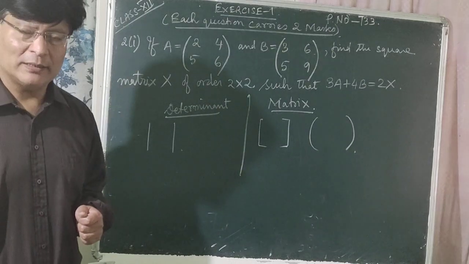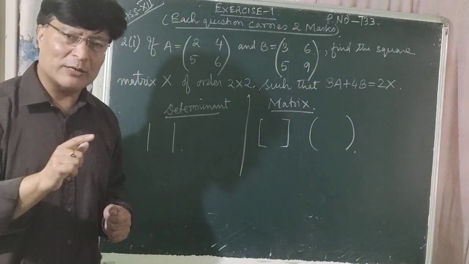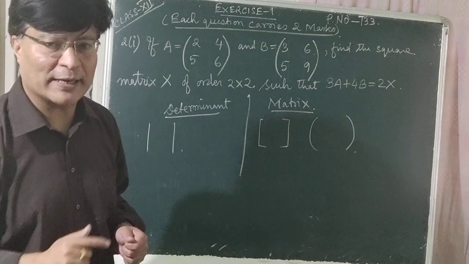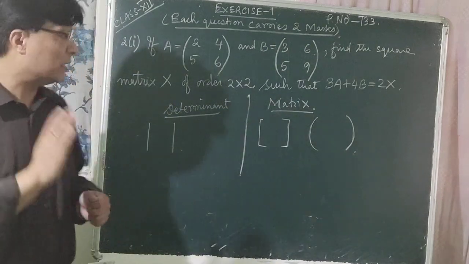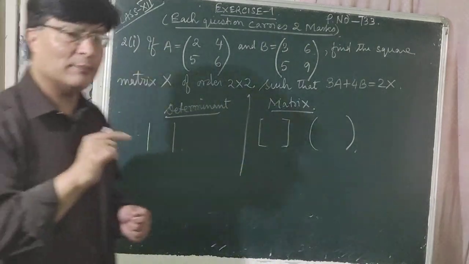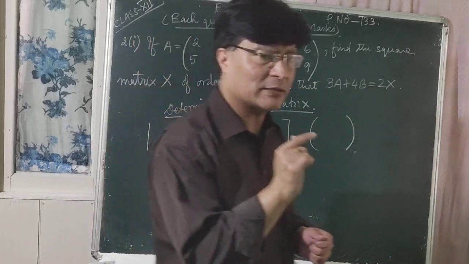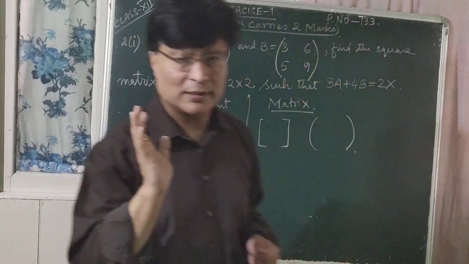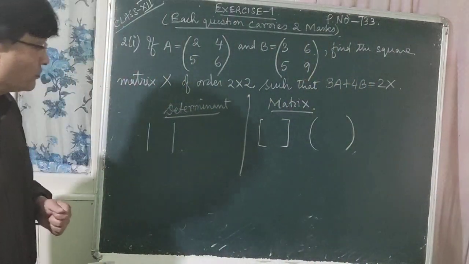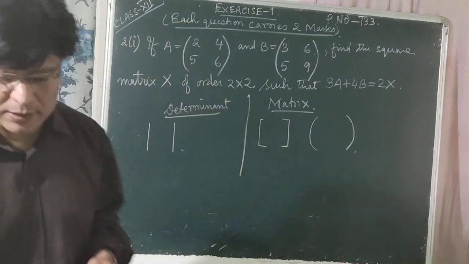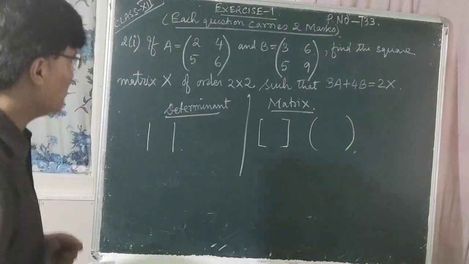Only one row or one column should be multiplied by that constant. But in case of matrix, all the elements should be multiplied by that constant or scalar. Is that clear to all of you? So these are the differences between determinant and matrix.